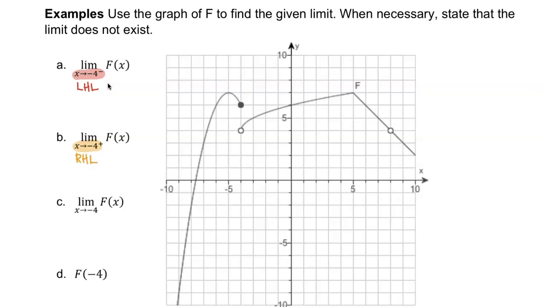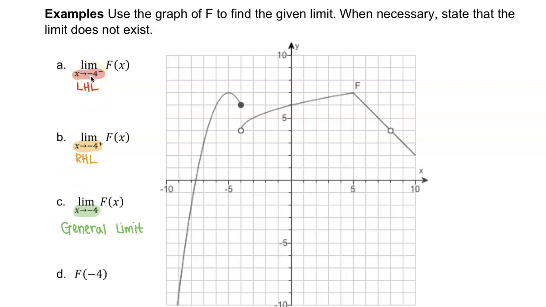I try to make these examples have the same pattern. So the third one that I highlighted in green, we're looking for the general limit. The answer for C exists if and only if the answer from A and B, the left-hand limit and the right-hand limit, are exactly the same. So let's see if they are the same this time.